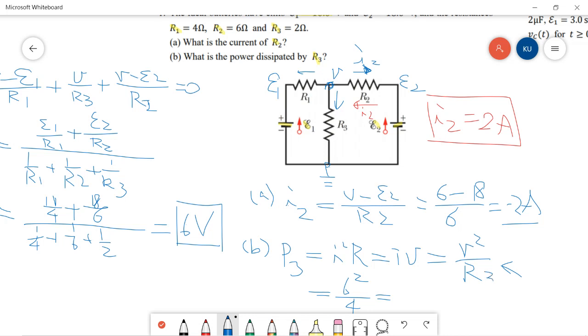R3 is 2 ohm. It's 2 ohm rather than 4 ohm. It's 2 ohm, which means that the power dissipation of R3 should be 18 watts.